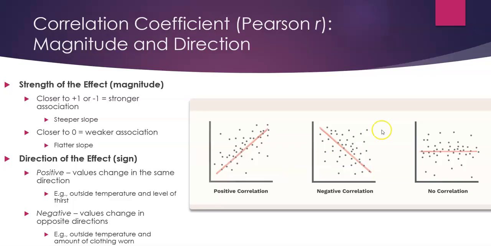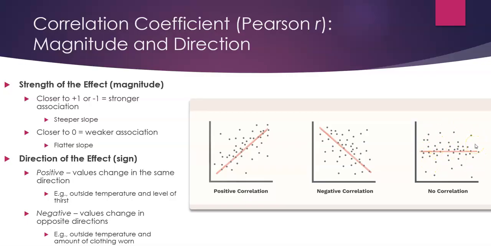In addition to that, if we look over here on the right-hand side at these graphs, we have this line that's fit to the data. What we're also going to see is that the stronger the association, the steeper the slope of the line, right? So we're going to see a really steep slope in this case. And weaker associations are going to be represented by flatter slopes, and no association is going to be represented by a flat slope, right?